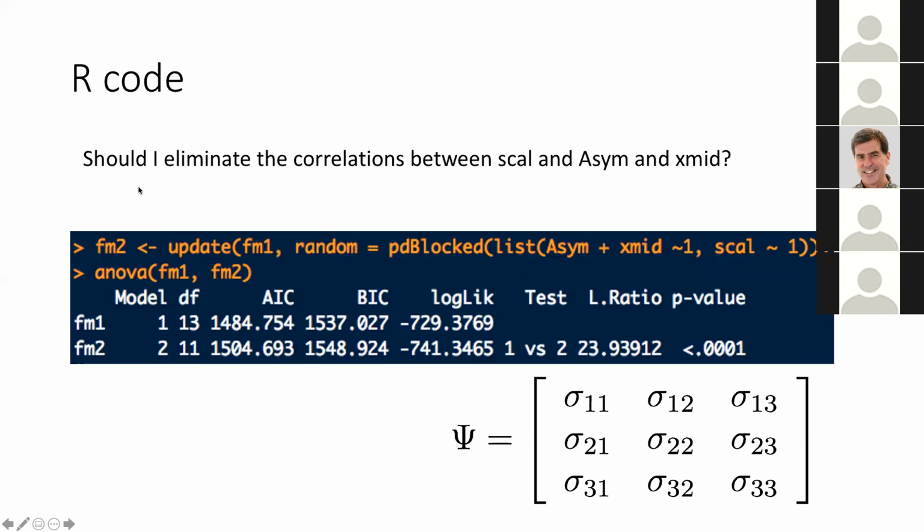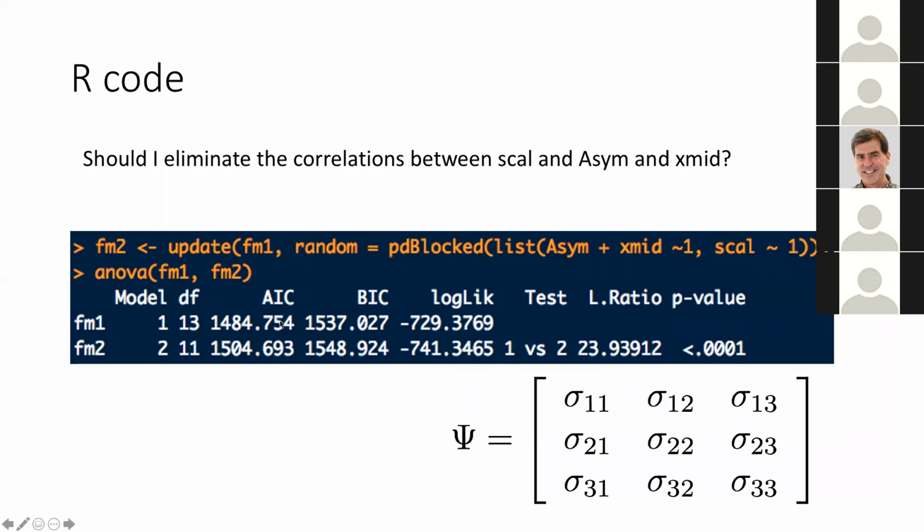Should I eliminate the correlations between the scale and the asymptote and the inflection point? The way you do this, you can define what's called a blocked correlation structure. And this is the correlation between the x midpoint and the asymptote, and I leave the scale as a separate component.